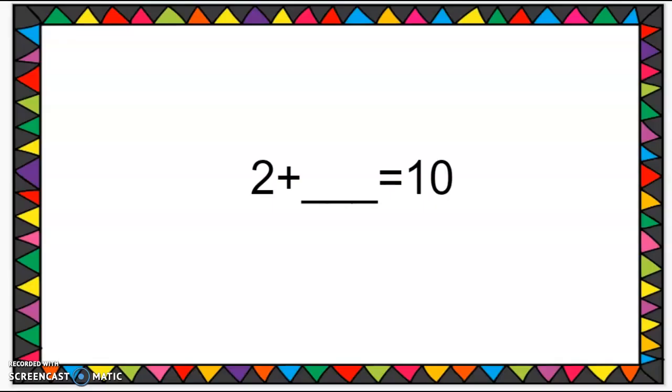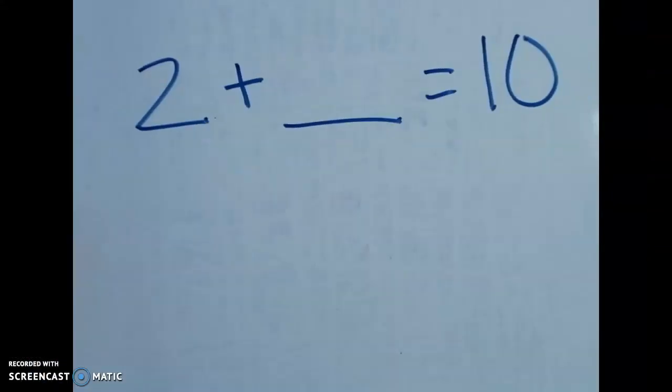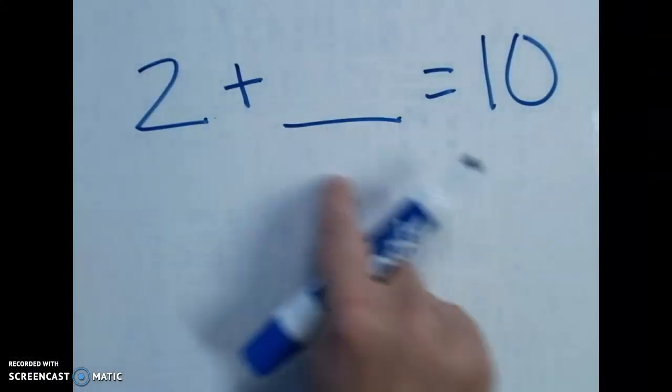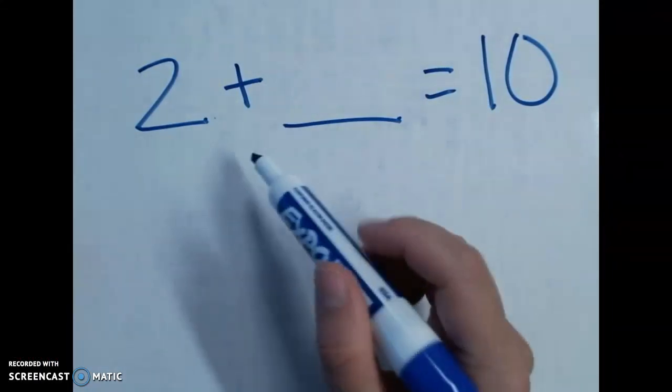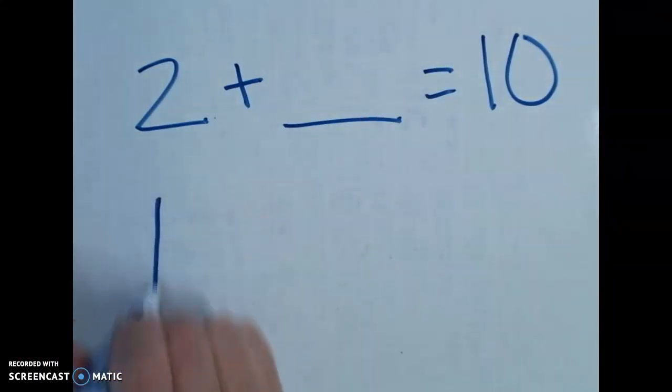The second math problem that we're going to do to get our brains thinking is 2 plus what number equals 10? Looking back at the one we just did together, 2 plus what number gives me 10?